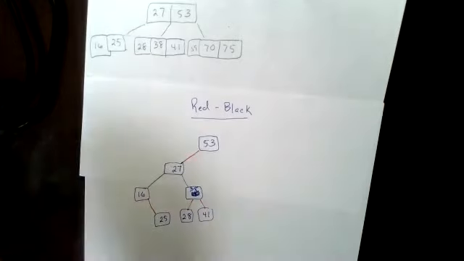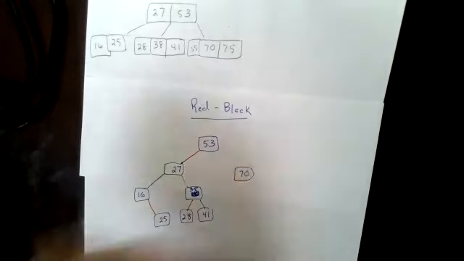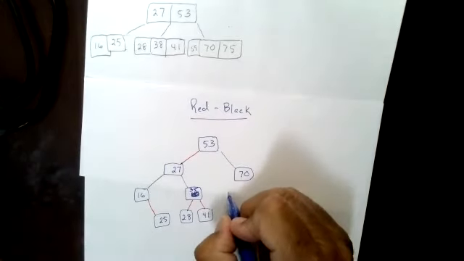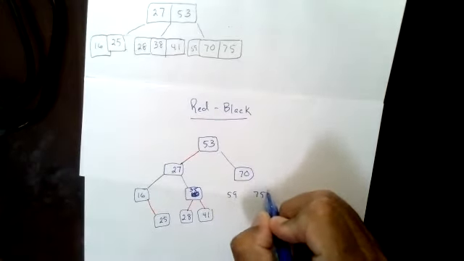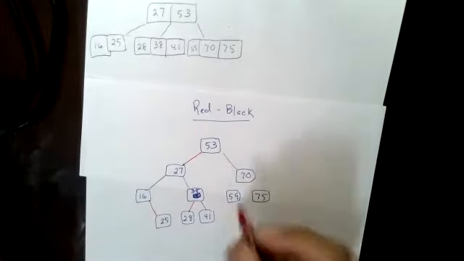Next to 53, I'm going to come over and I'm going to put 70. It's a child, so it's connected with black. It has 59 and 75 as siblings, and these are connected with red.